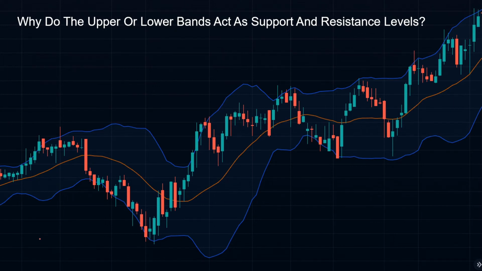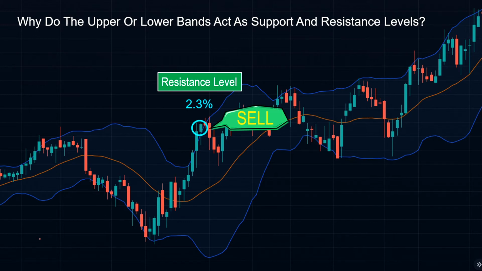There is only a 2.3% probability that prices reach or move above the upper band. When the price moves near the upper band, it will act as a resistance and the possibility of a short-term correction will be high. At this time, we should choose to sell.